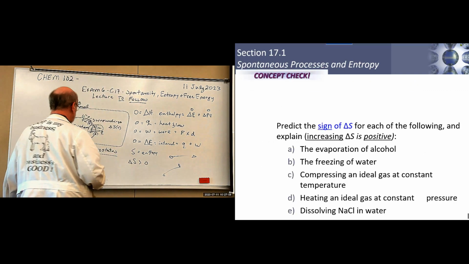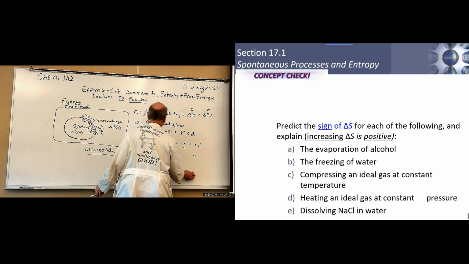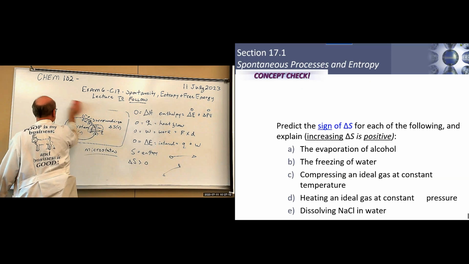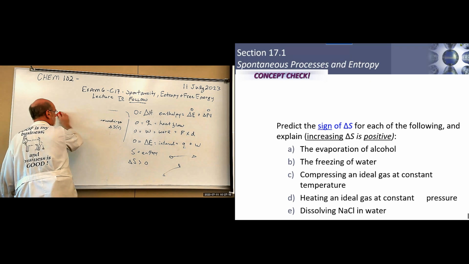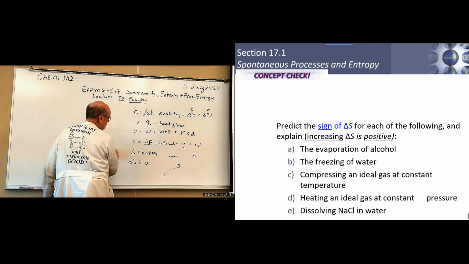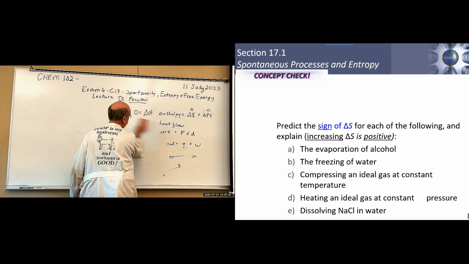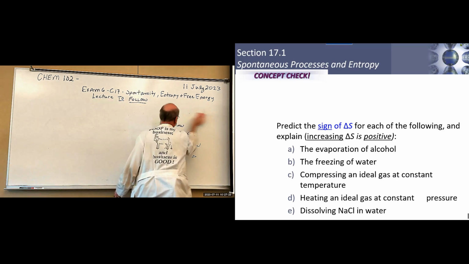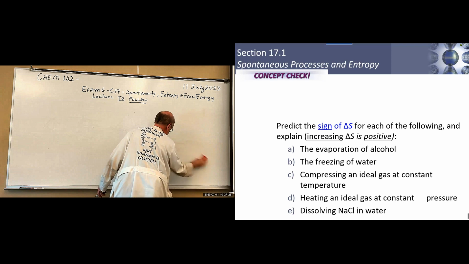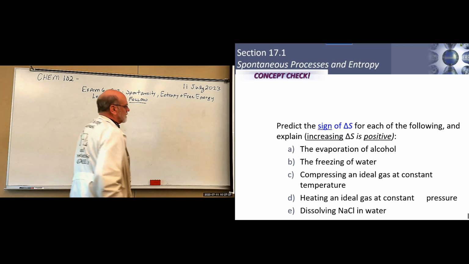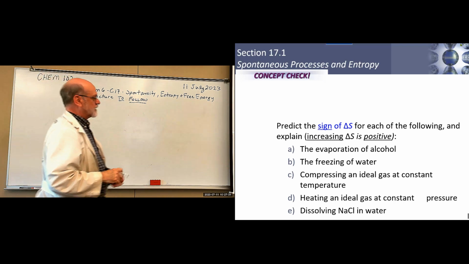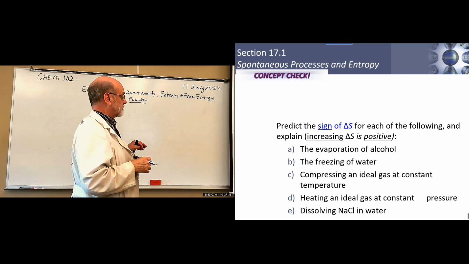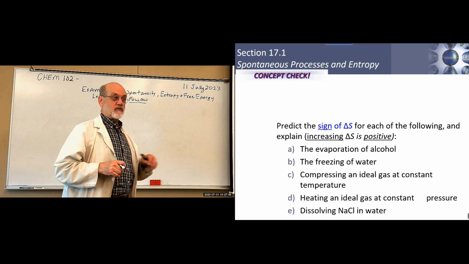All right. So let's look at this in practical terms, see if we're developing an intuition for entropy. Let's see if we can predict the sign of a change in entropy for each of the following. Increasing entropy, of course, is going to be positive.